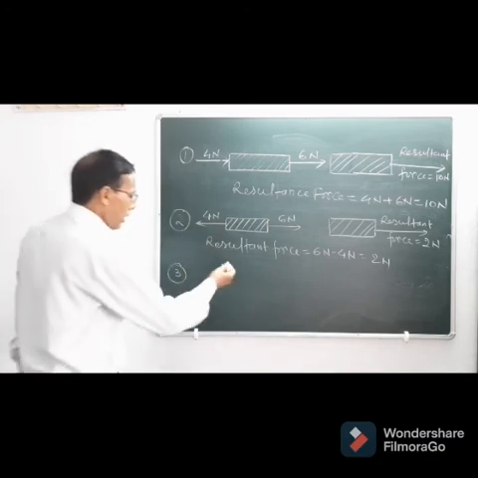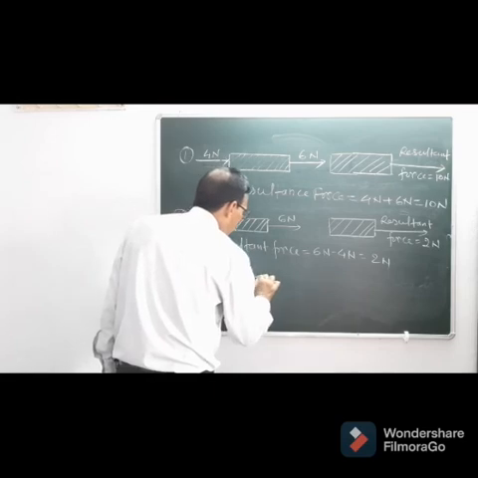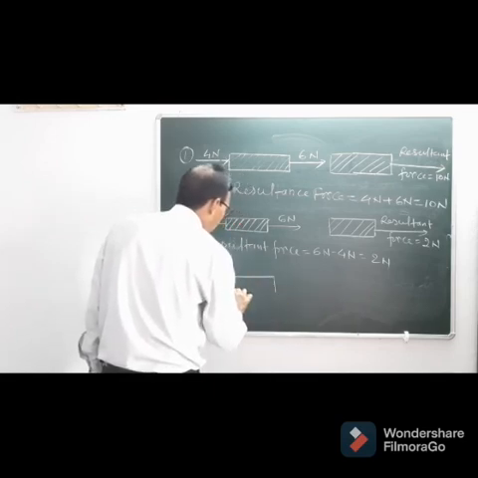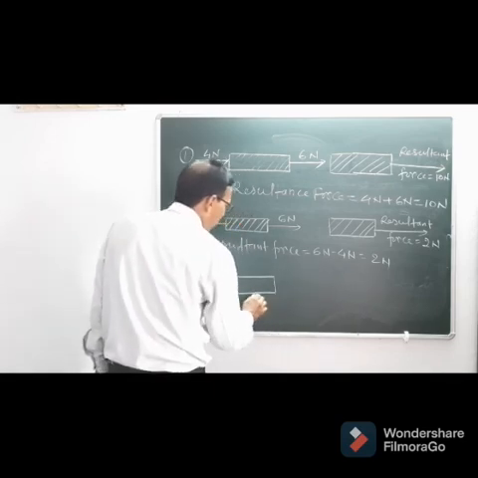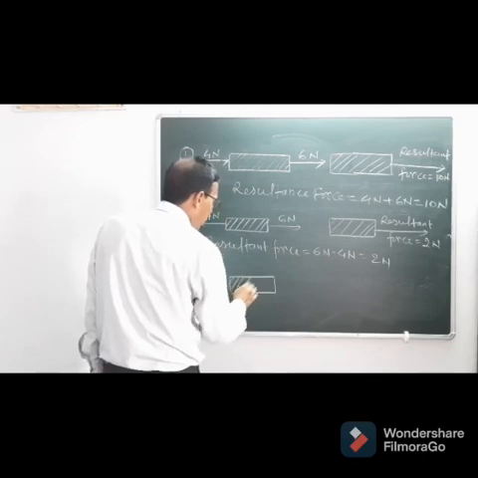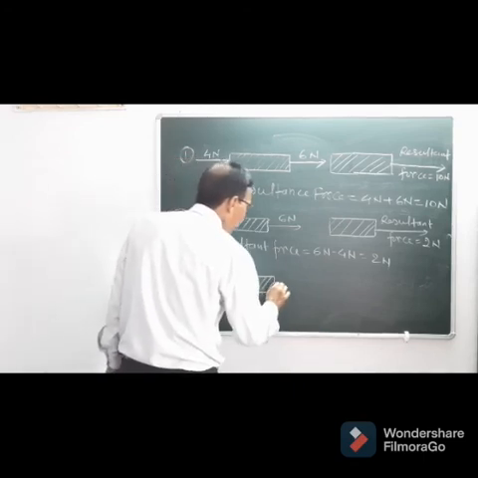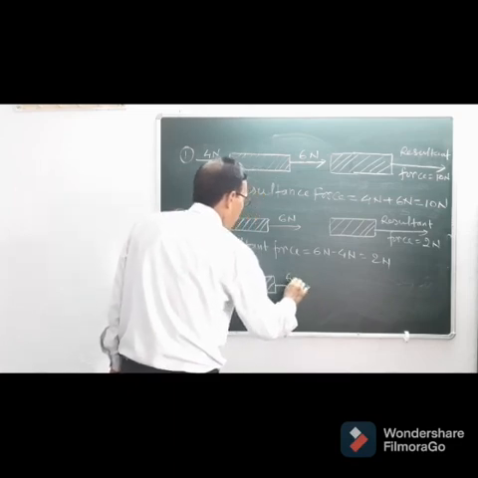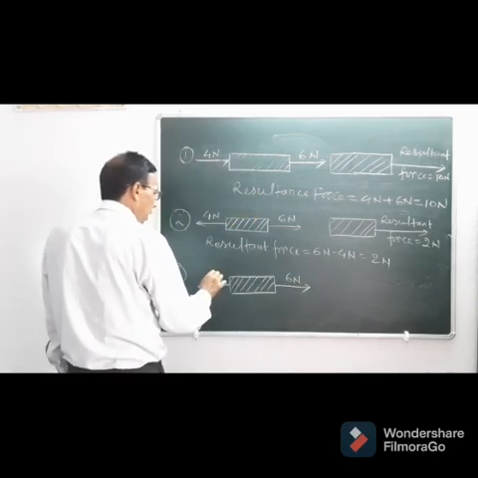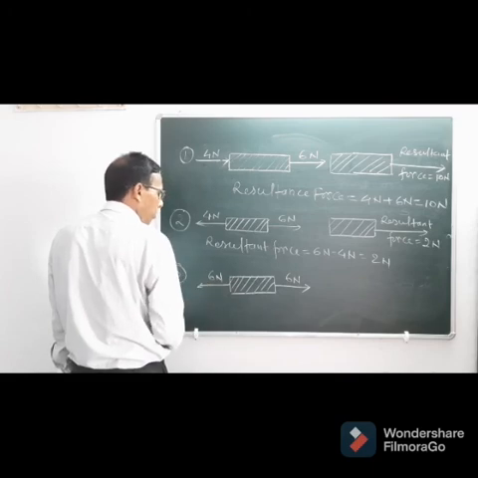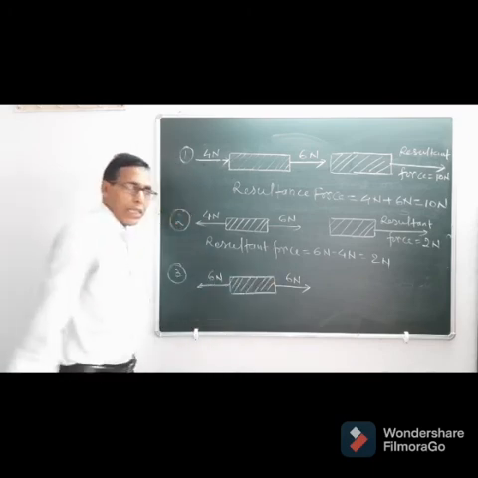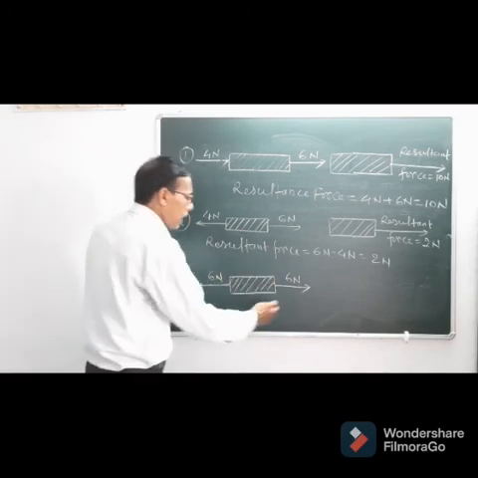Now the third case: two forces acting on a body of the same magnitude but in the opposite direction. Here two forces of equal magnitude 6 Newton act on the body in the opposite direction. Then what is the resultant force?